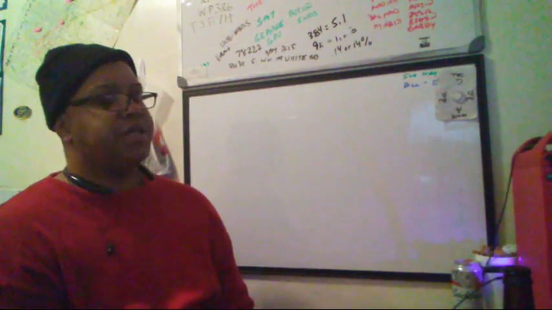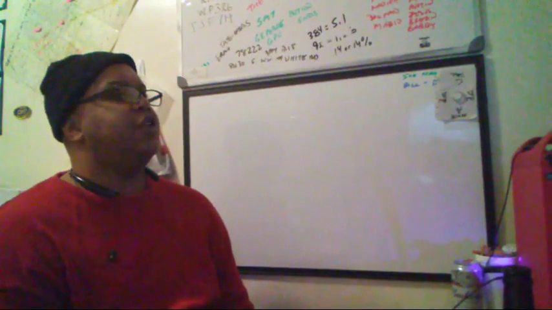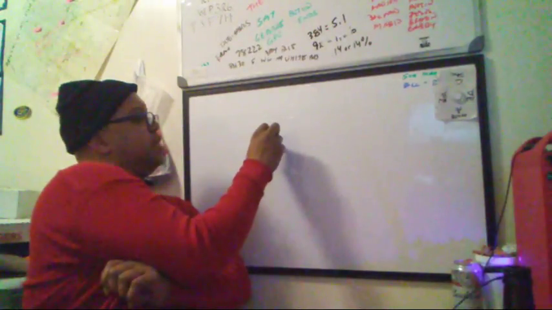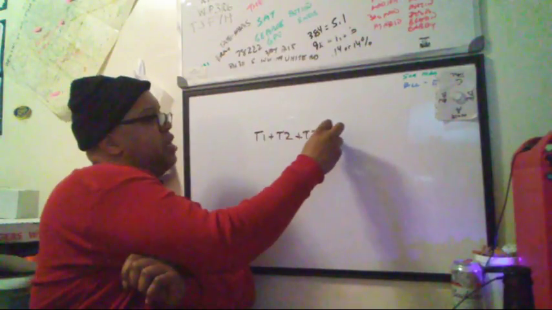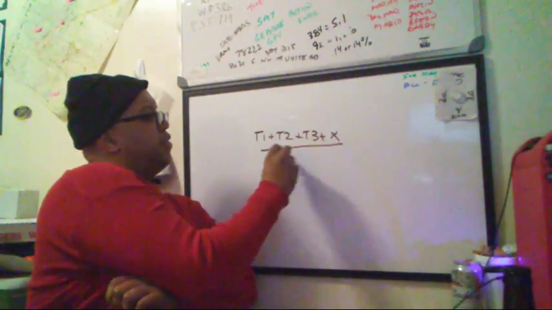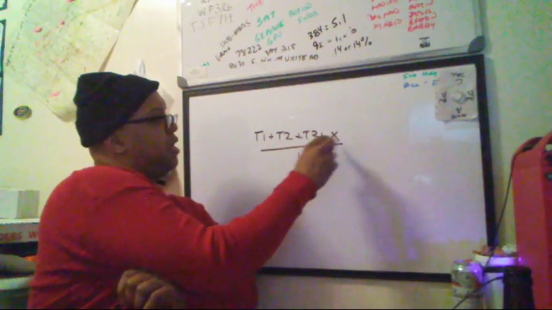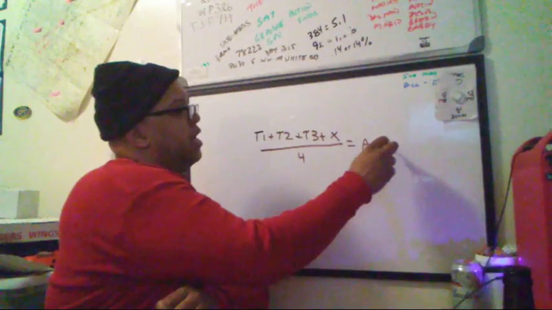Okay, there is an averages formula that I like to use, and it looks like this. Test 1 plus test 2 plus test 3 plus the unknown test, divided by the number of tests, 1, 2, 3, 4, is equal to the average. Now don't let that scare you.